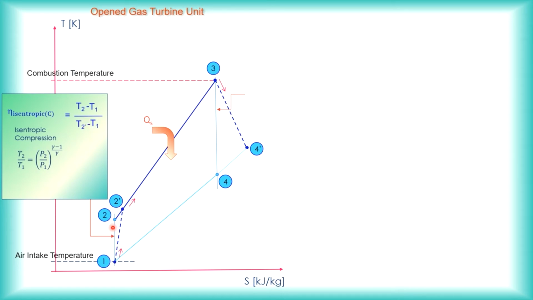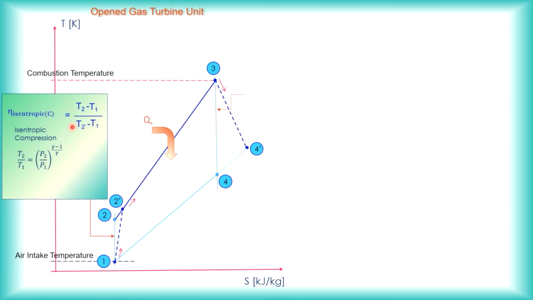Now, the compressor is dealing with air, so it is usually written as CPA, where CP stands for specific heat capacity at constant pressure. If I write CPA, that means specific heat capacity at constant pressure for air. So you will have CPA (T2 minus T1) divided by CPA (T2 prime minus T1).